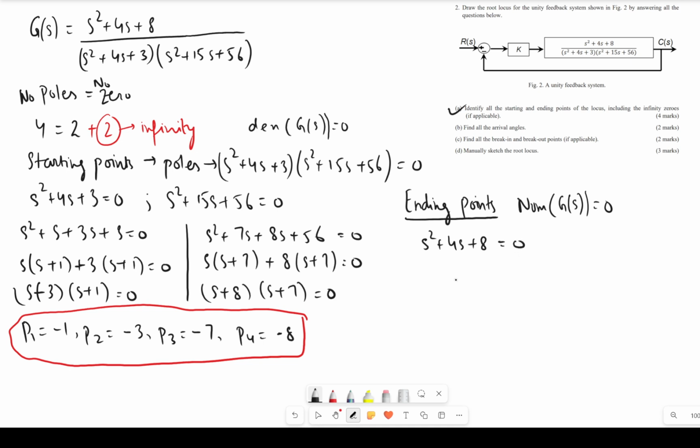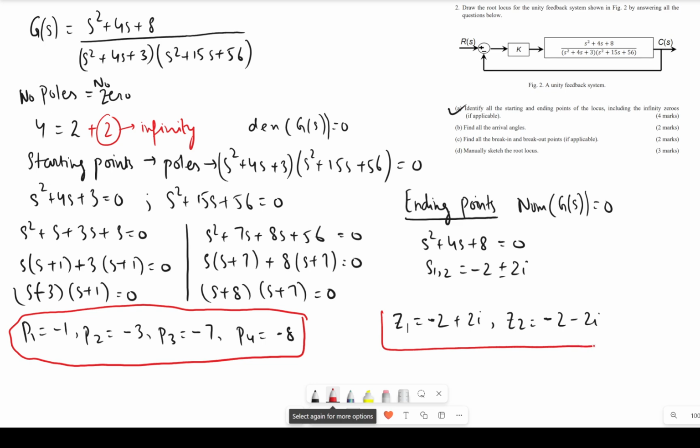If I set this equal to 0, I can solve it directly using a calculator, and we'll get 2 roots: s equals -2 plus or minus 2i. So our ending points are z1 equals -2 plus 2i, and z2 equals -2 minus 2i.